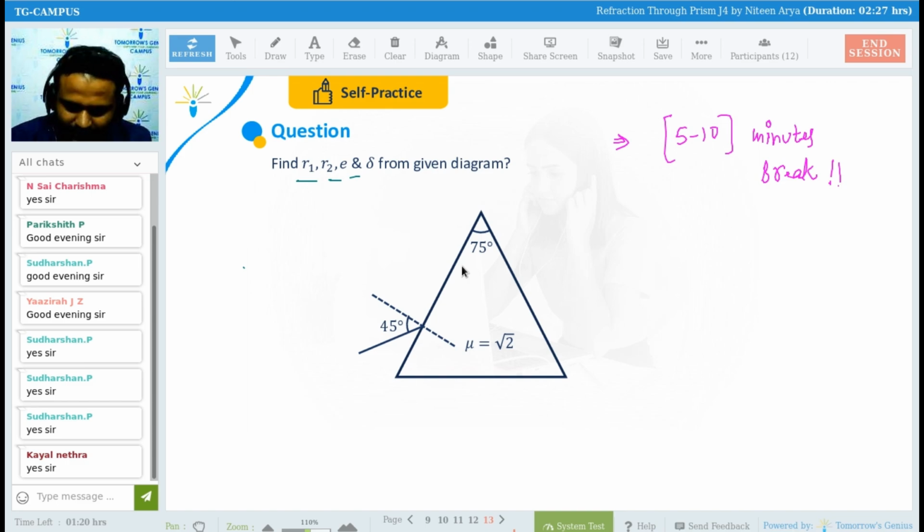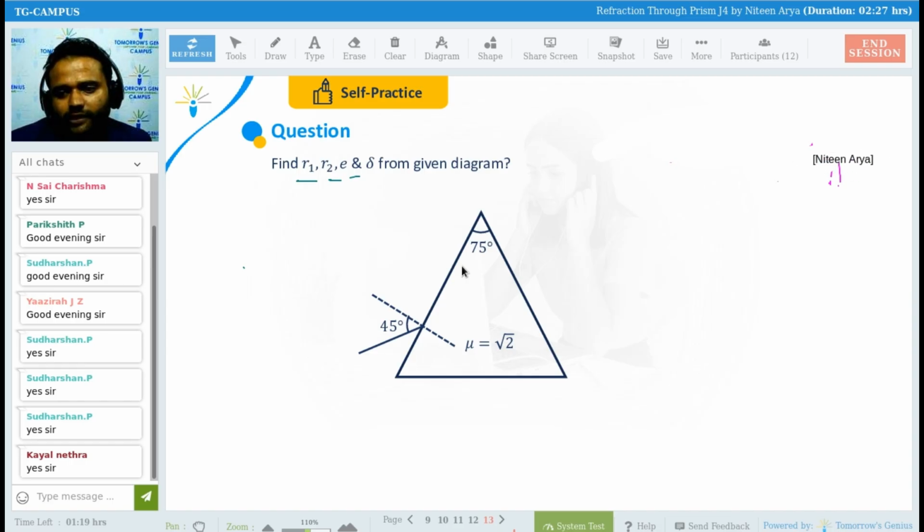Everyone, did you try that or not? How many of you have completed it? I mean, tried, initiated. Very easy. For the given diagram, the refractive index is given for this particular surface 1 and for this particular surface 2.